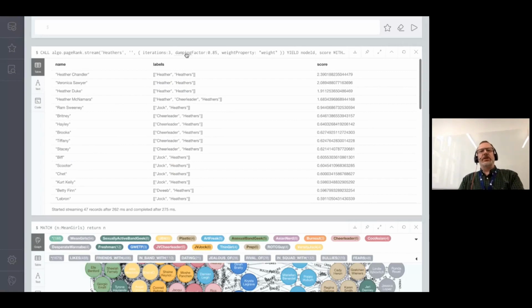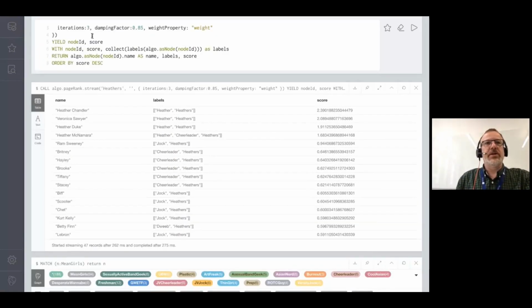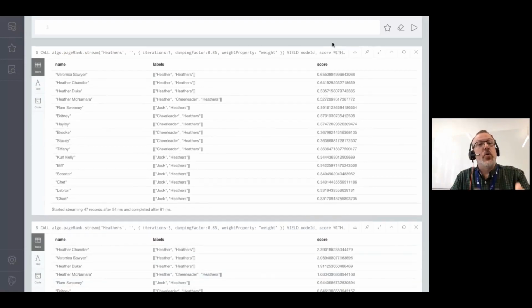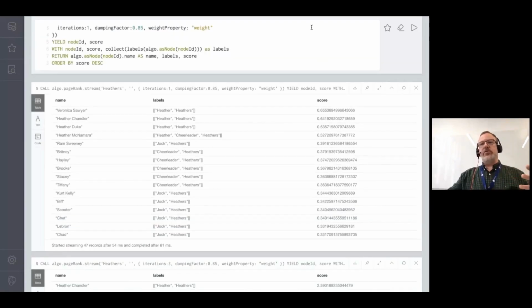But I think what's interesting is we can take a look at how different iterations can affect those results. So if we just do one iteration, rather than going over numerous times over the graph, we'll just go one pass, and we can see Veronica Sawyer ends up with a higher score than Heather Chandler. Right? And this is because by doing more iterations, you get a clearer view of how everyone's actual score weighs in.